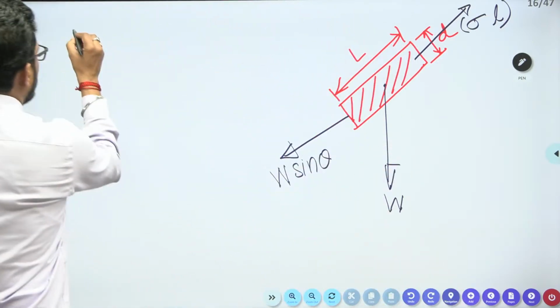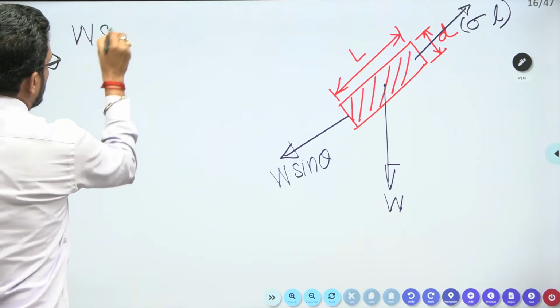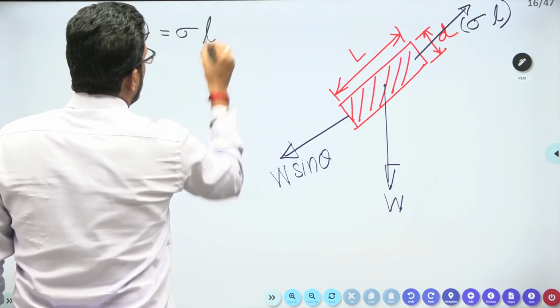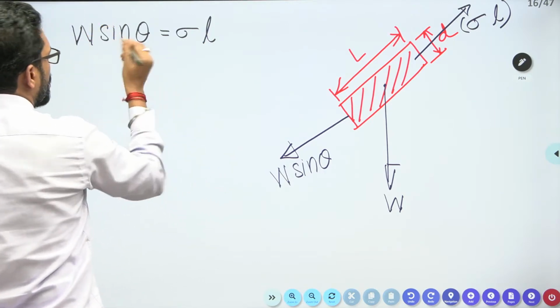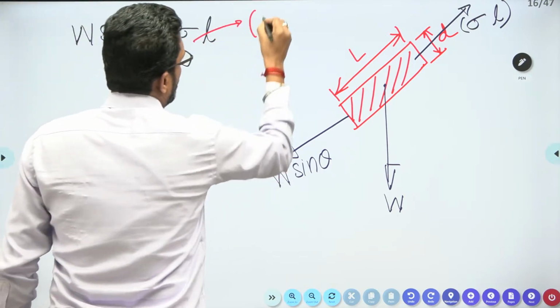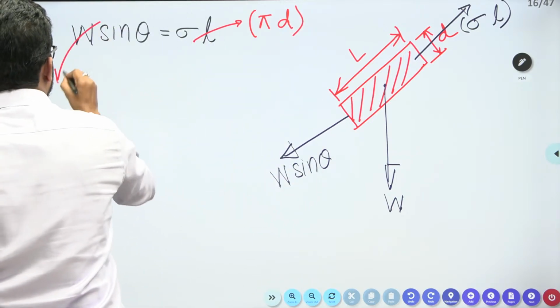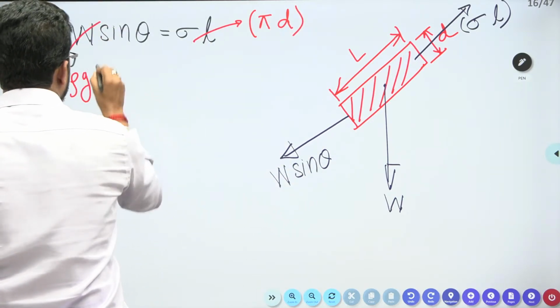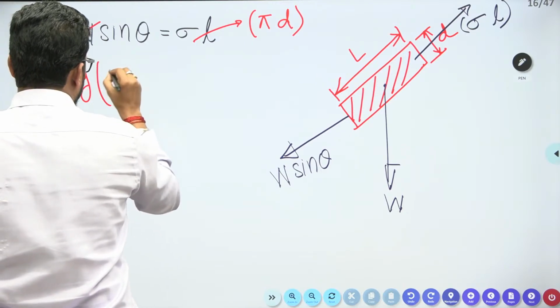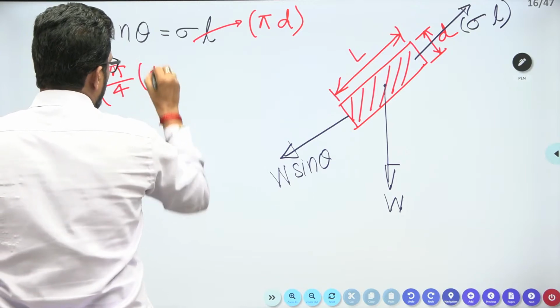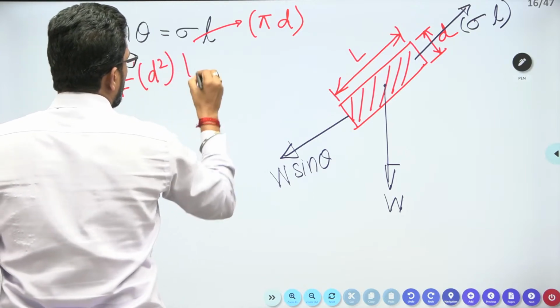So you have to balance them. W sine theta is equal to sigma into pi D, and W is rho g into volume, where volume is pi by 4 D square into L.